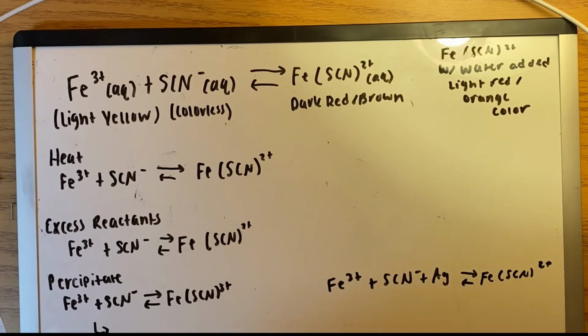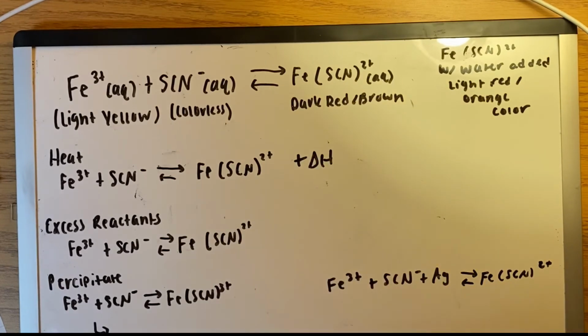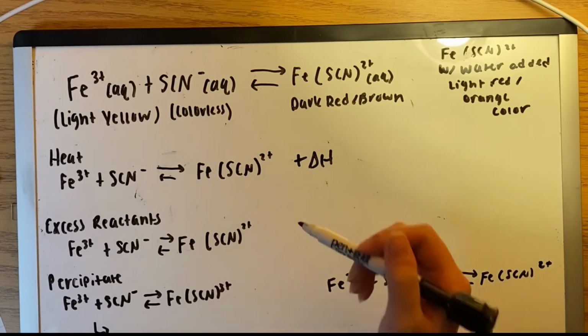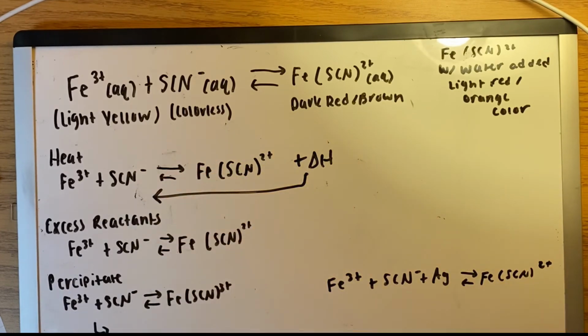Based on the observations, an exothermic reaction took place because heat is being released, and since this heat is being released, it can be added to the equation on the product side. To relieve this stress, the reaction is going to shift more towards the left, or more towards the reactants, causing the lighter color change.